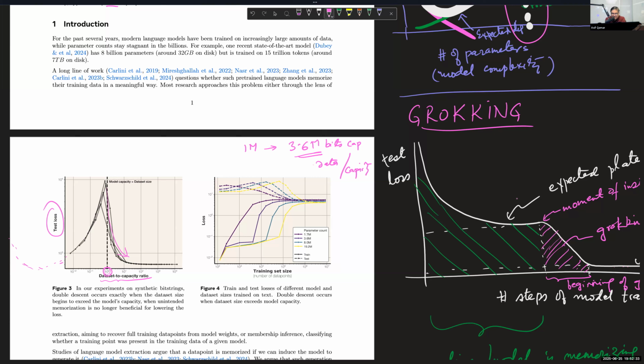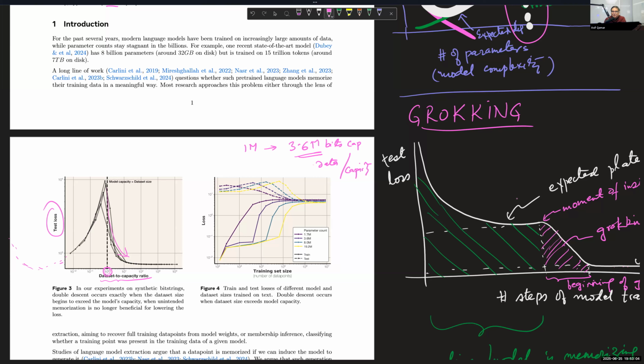Likewise, if you look at the second figure here, train and test loss of different models and data set sizes, see what happens with the training loss as you bring more and more data points. It is able to memorize the data. But as soon as you hit the capacity of the model, it is not able to memorize the data so much, so its loss begins to increase.